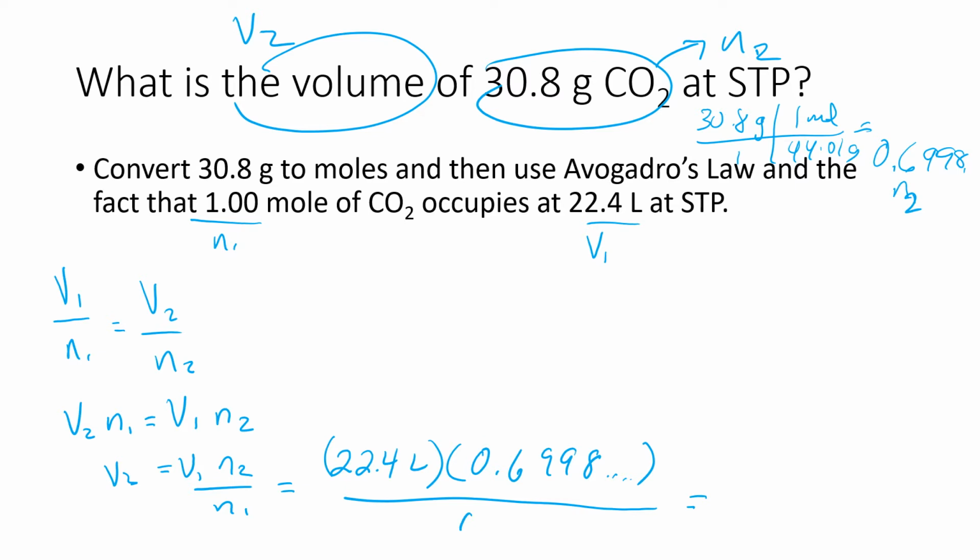So 0.699 whatever times 22.4 divided by 1, just to be thorough, it is 15.676. So then it looks like we have 3 sig figs, so 15.7 liters.